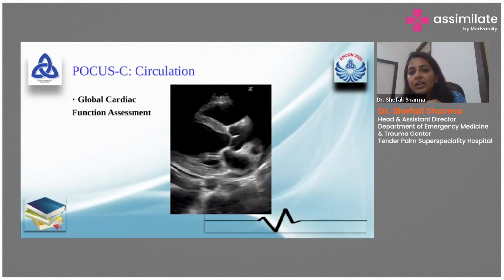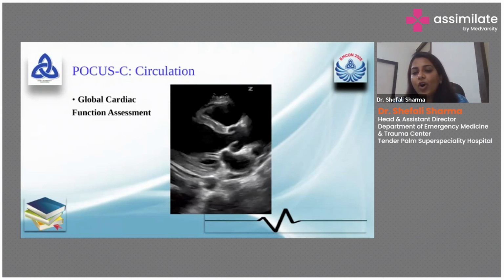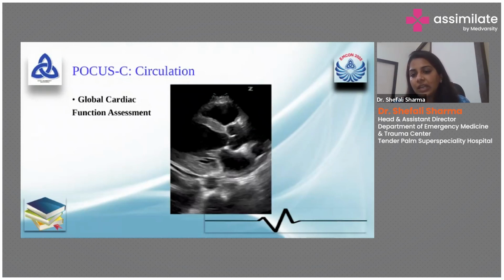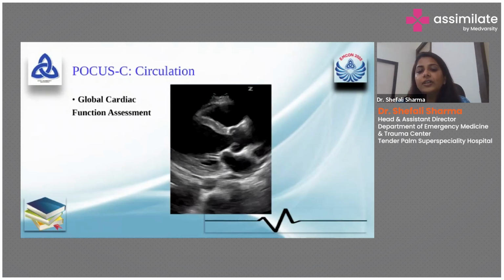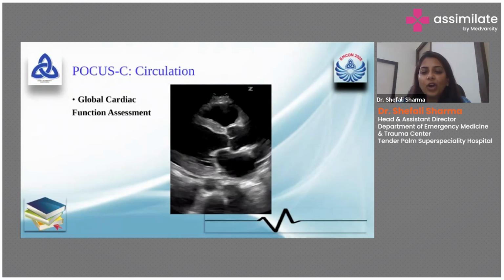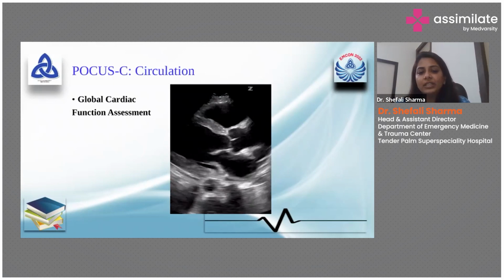All the equations and formulas are already fed into the echo machine or the ultrasound machine which has the echo probe. You just need to measure the dimensions of the wall, and you will make an approximate assumption of what the cardiac function could be.